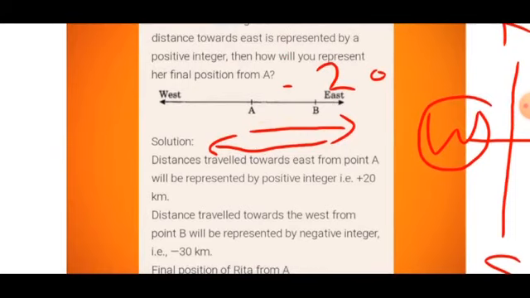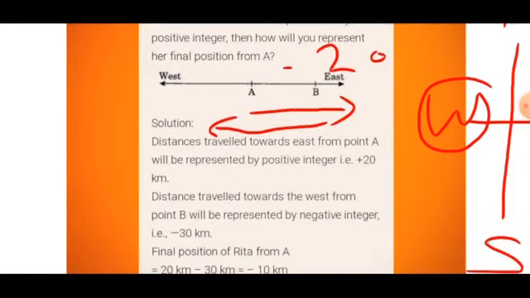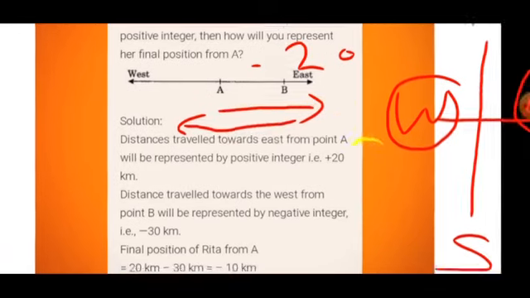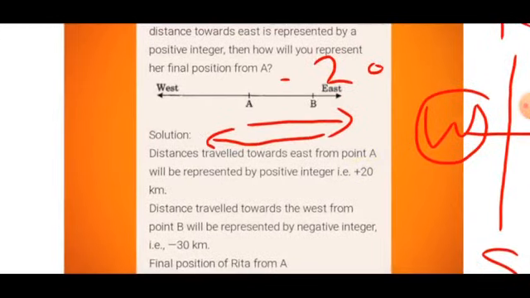As I already told you about integers, in the positive direction the integer is positive, and on the left side the integer will be negative. So as she is moving toward east, 20 will be plus 20 kilometer.